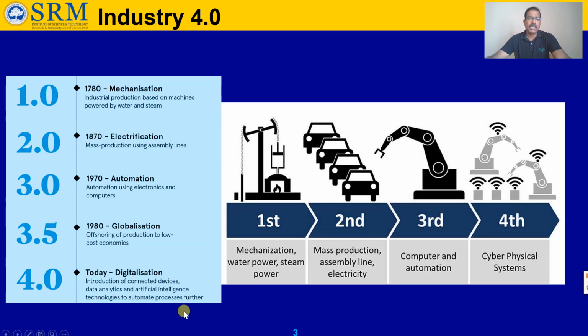Here it is mentioned that Industry 4.0 is the introduction of connected devices. Connected device means each and every machine is connected through sensors and the internet to a centralized point, and data analytics covers the information coming out of each machine.